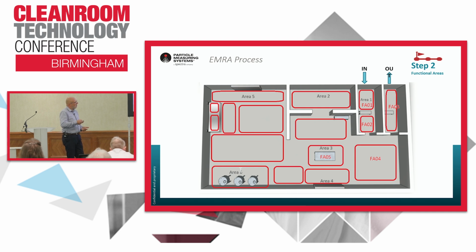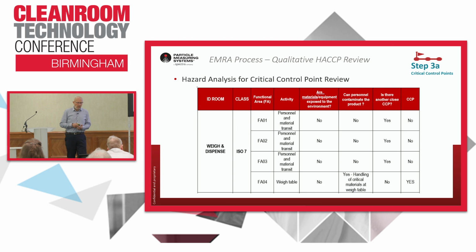When we exit and we're degowning, maybe we'll just take that as one functional area. Not necessarily the case for every application, but just showing some of the principles: the first step is identifying these functional areas and trying to guide yourselves through the process to do this in a logical way and to address all the different areas within a facility.